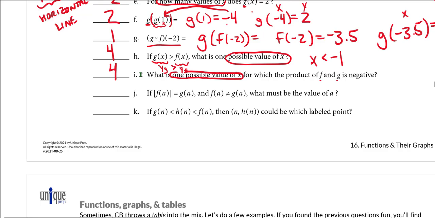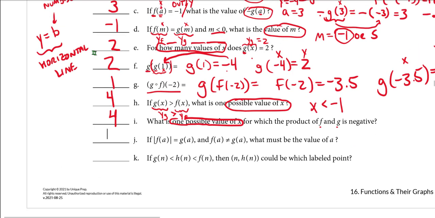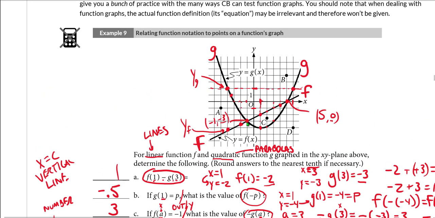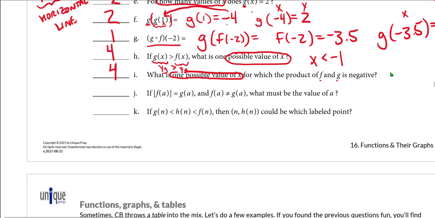And if you want a range here, let's see. The g function turns positive there, at x equals negative 3. Anywhere to the left of that point, the g function will be positive, the f function will be negative, which means that any x value less than negative 3.